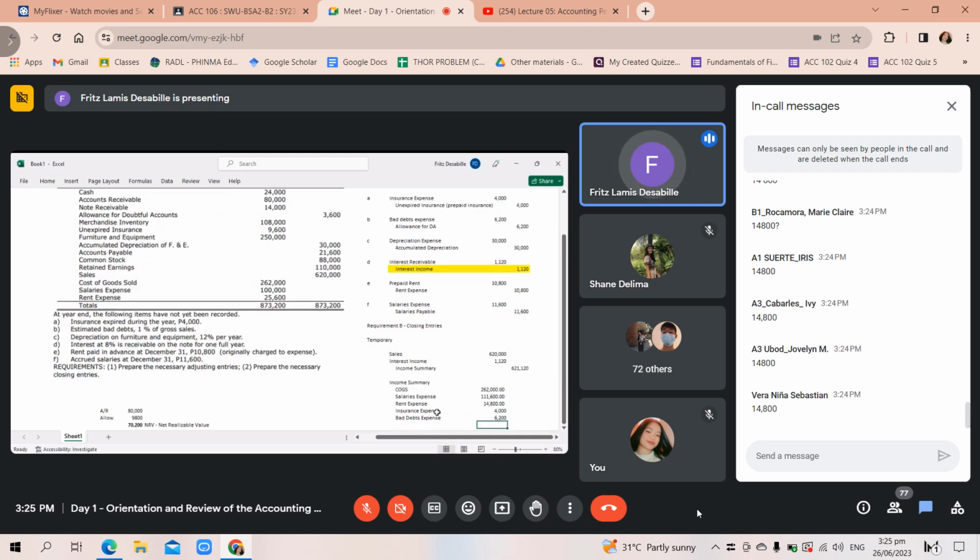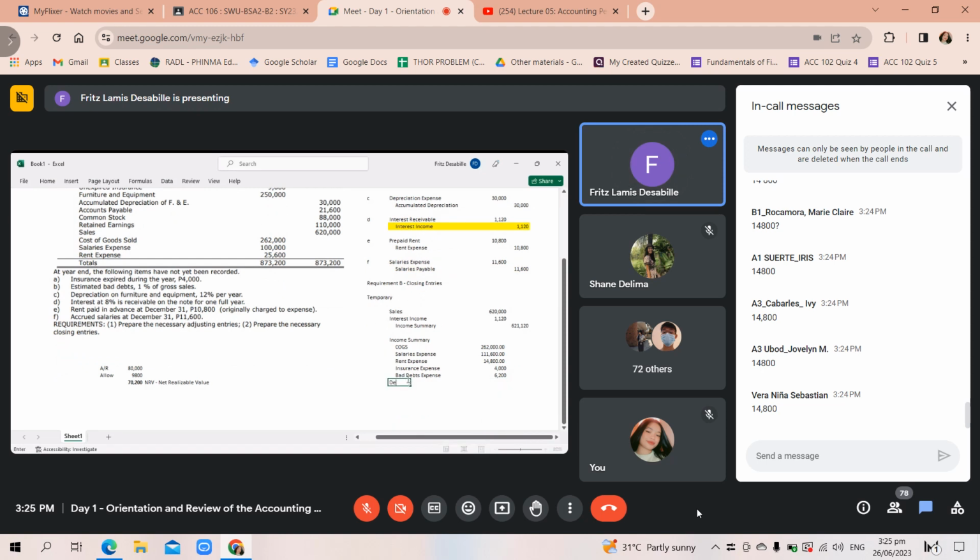Next is depreciation expense, 30,000. Interest, rent, salaries, all done.